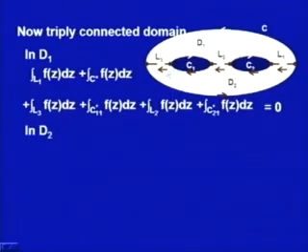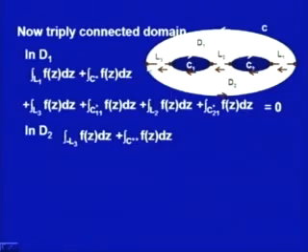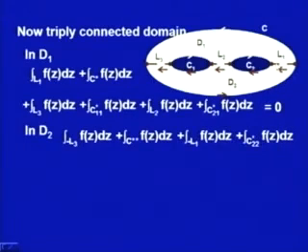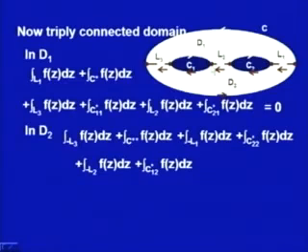In D2 we get minus L3, C star star, that is the lower portion of C, then minus L1, lower portion of C2, which we write as C22 star, then minus L2, then the lower portion of C1, which we write as C12 star. Now this is the complete boundary, a closed curve. So because of the Cauchy integral theorem, in the closed contour this whole integral must be 0.